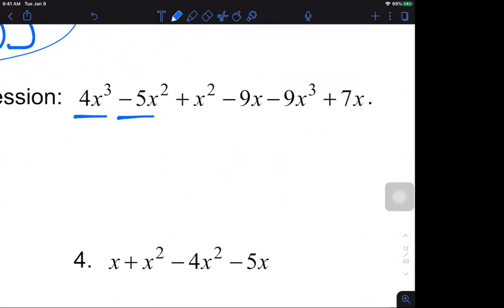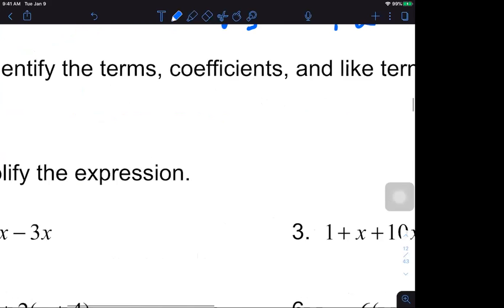Negative 5x squared is a term. Positive x squared is a term. Negative 9x is a term. Negative 9x cubed is a term. And 7x is all terms. Does that make sense? Or questions on the vocab word terms?